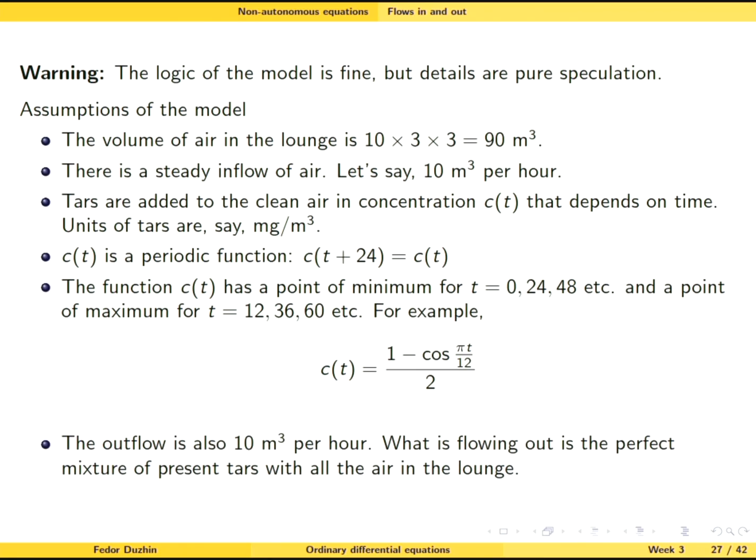Then we also assume that the outflow is the same, 10 cubic meters of air per hour. Otherwise it wouldn't add up. The inflow should be the same as the outflow, so that the amount of air is the same. But then we are assuming that what flows out is the perfect mixture of tars with clean air.